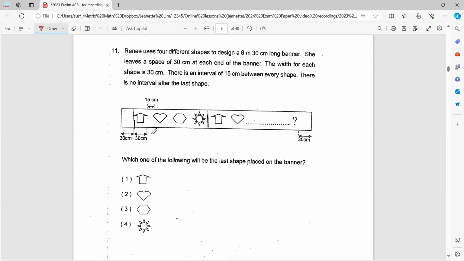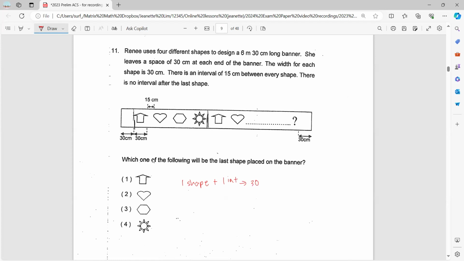Okay, so let's group one shape plus one interval. How much would that be? I'm basically grouping them up this way.